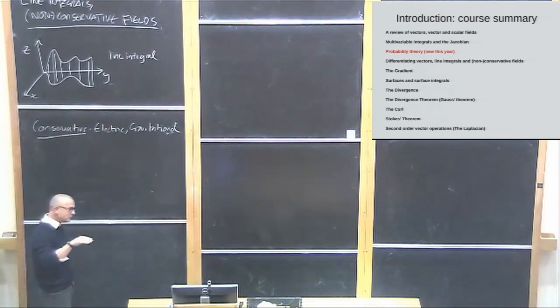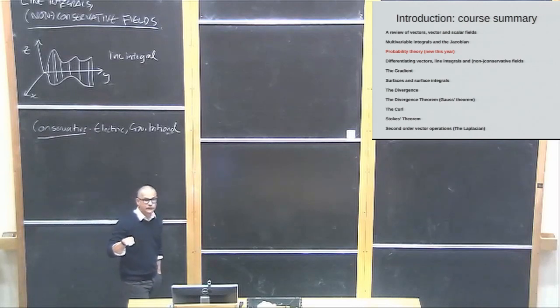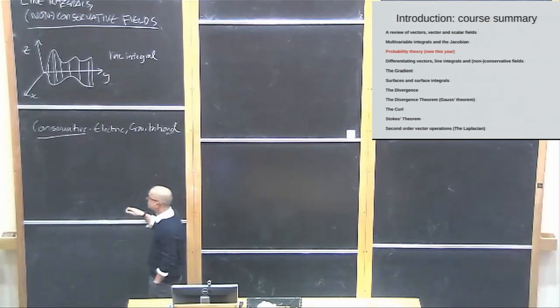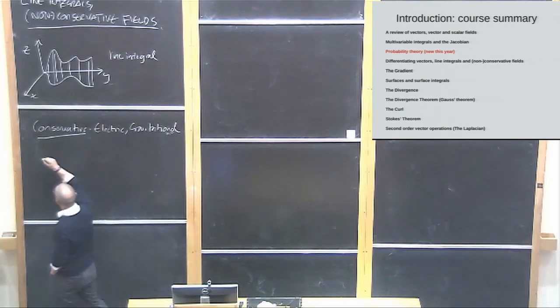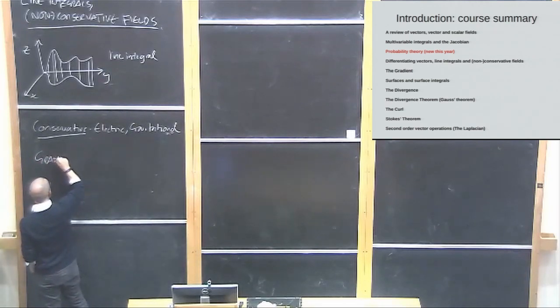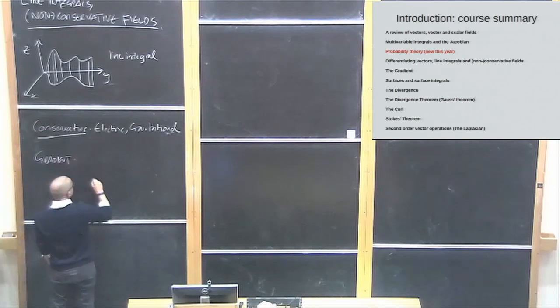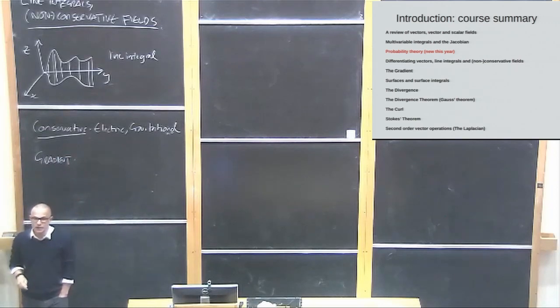So the gradient I will be discussing in perhaps a bit more detail than the electromagnetism course, but you'll already know that the gradient tells you about the direction and magnitude of the rate of greatest change of a scalar field.